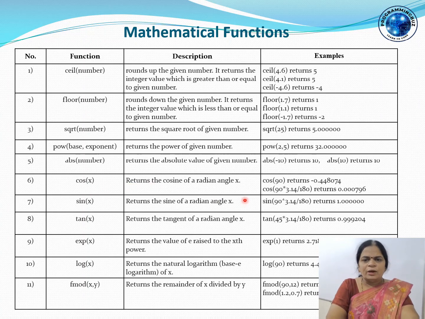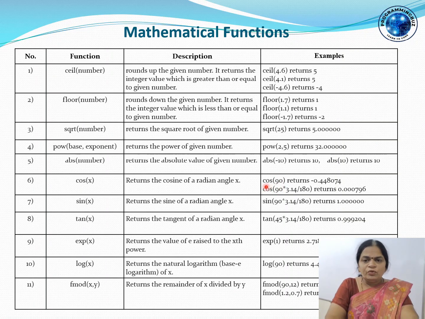For example, if you want to calculate cos of 90, generally we will be using the angle in degrees. So you can write here cos of 90, but it will be wrong, because in all these three functions, cos, sine and tan, this angle must be in radians.